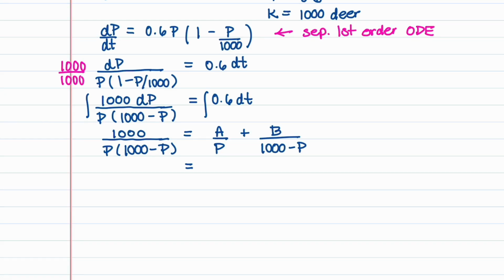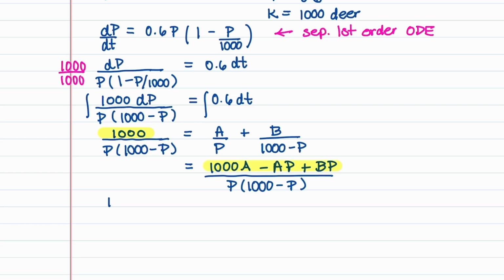Let's cross multiply on our right-hand side, and we get 1,000A minus A times P plus B times P, and that's all divided by P times (1,000 minus P). We can now set 1,000 on our left equal to this expression on our right.